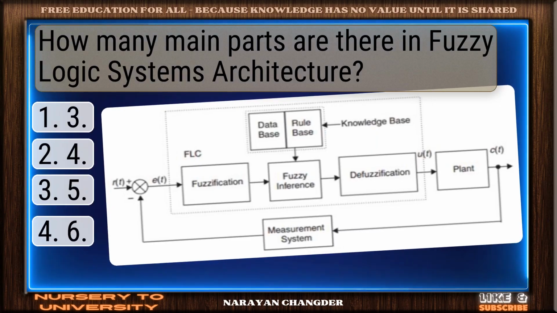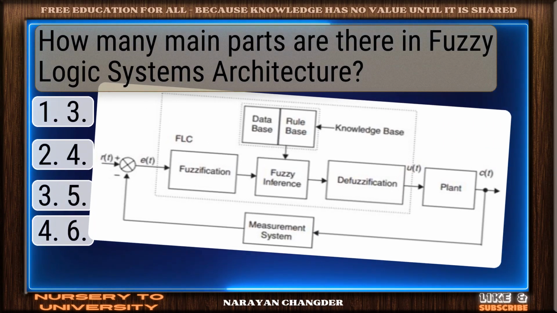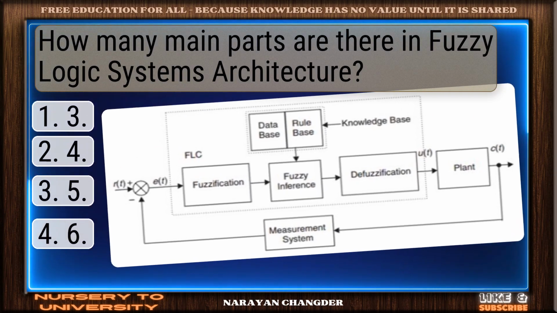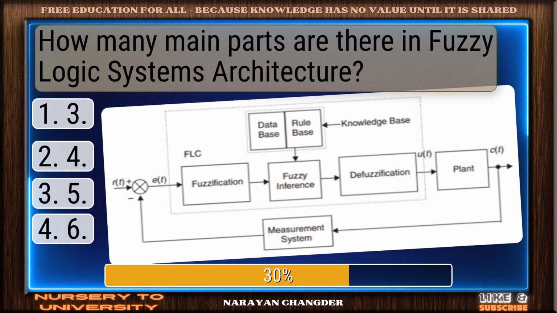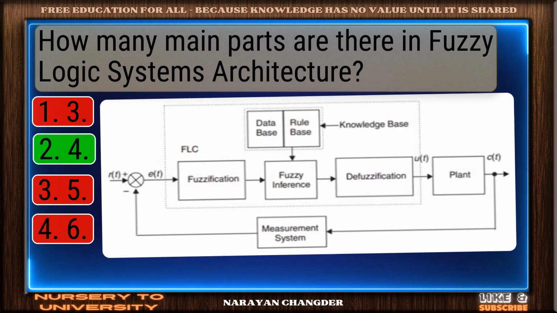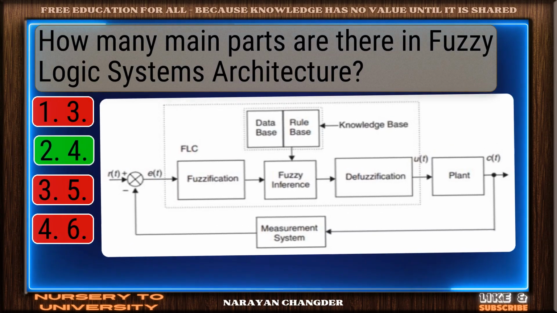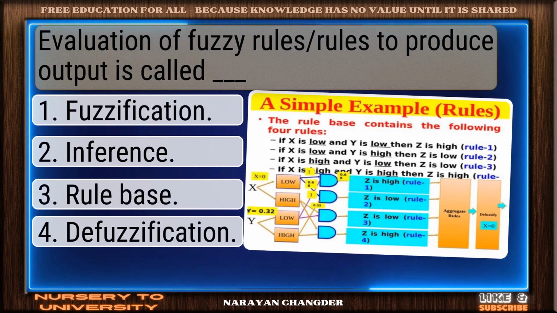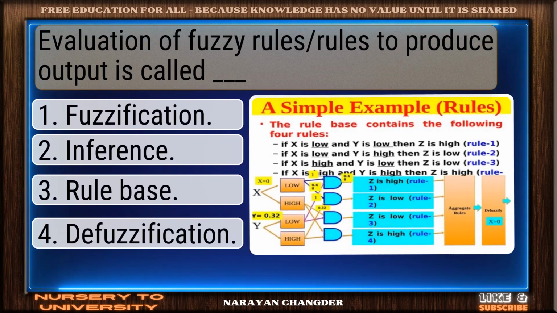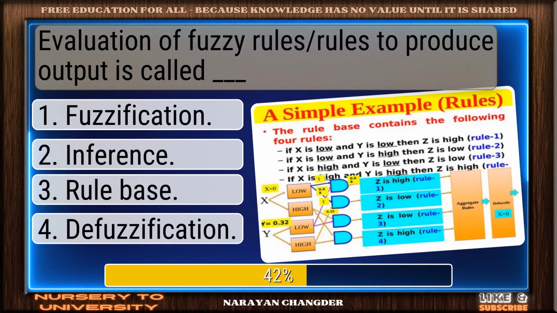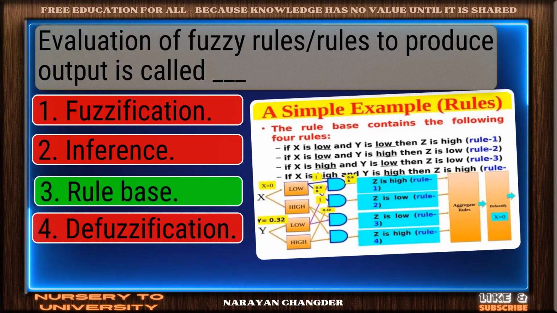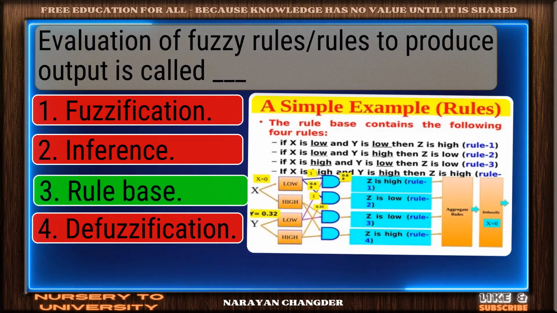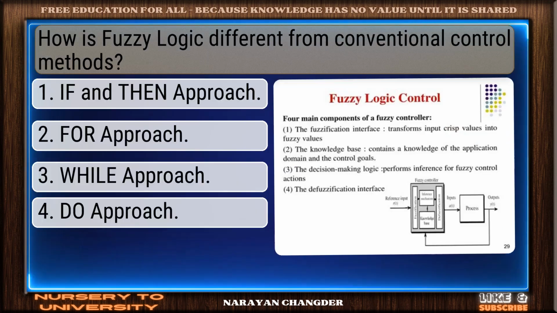Question number 21. How many main parts are there in fuzzy logic systems architecture? Well picked. 4 is the correct answer. Question number 22. Evaluation of fuzzy rules to produce output is called dash. Strong choice. Rule base is the right answer.